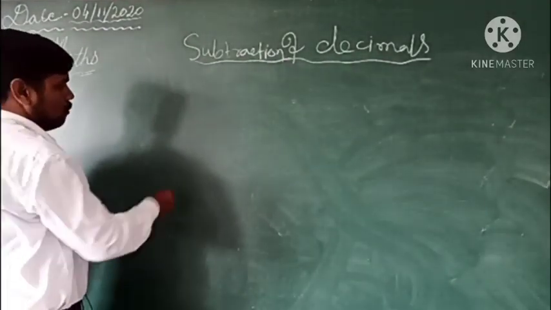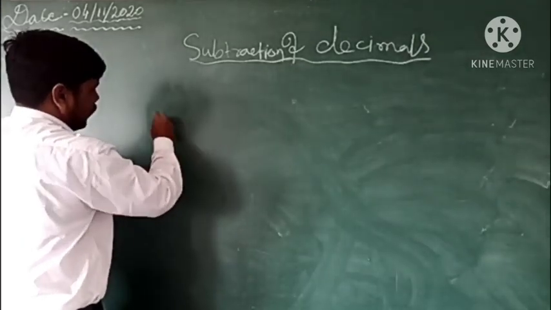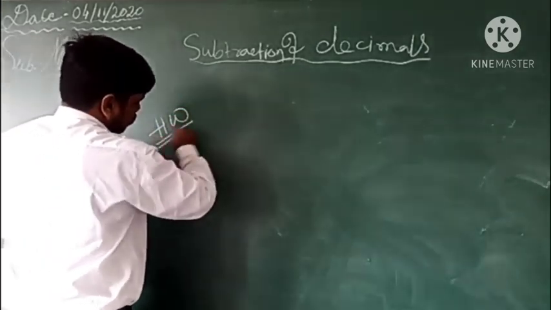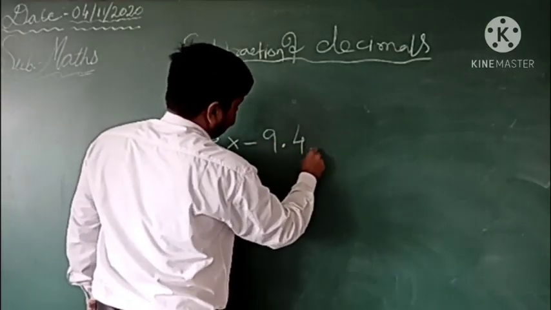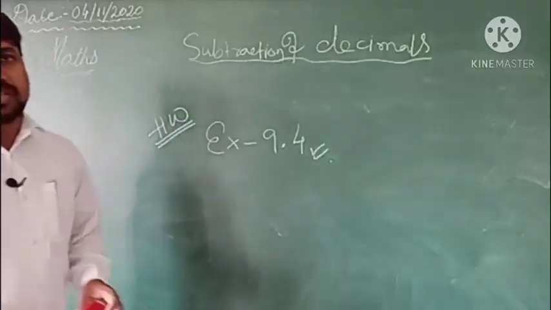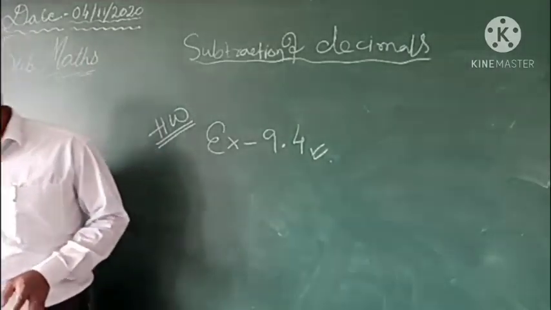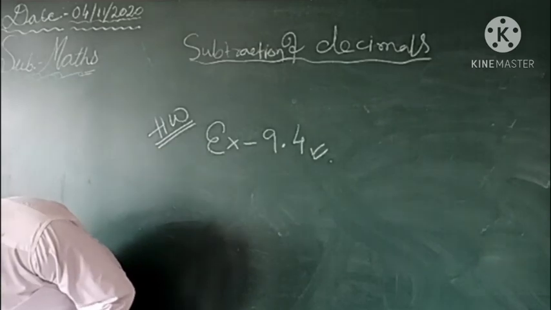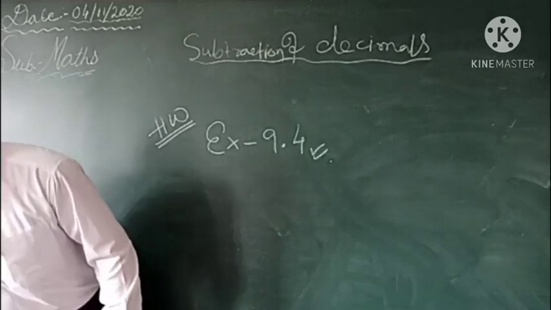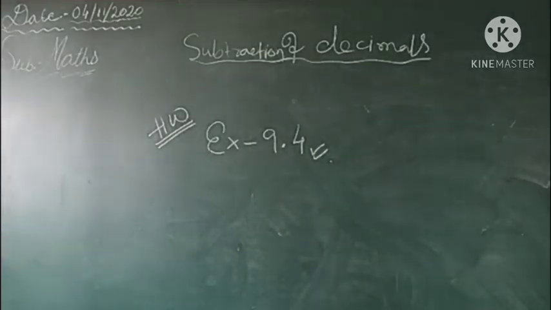So your homework is to do exercise 9.4 and your classwork was addition of decimals. If anyone has any doubts in addition of decimals, you are welcome to ask quickly. If you don't have doubts, you can just confirm that you don't have doubts.